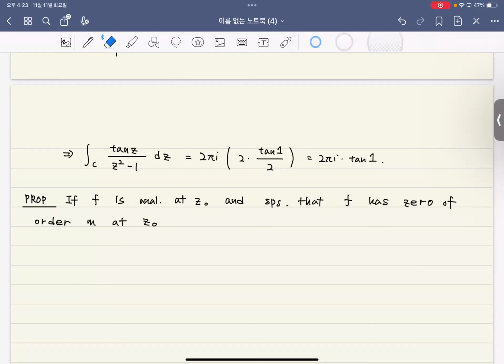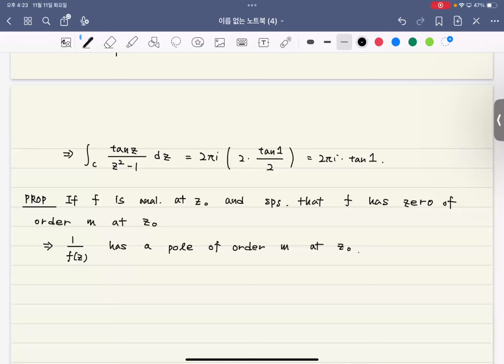Well, in this case, the reciprocal of the function, 1 over f of z, has a pole of order m at this point. Okay, so how do I know that?